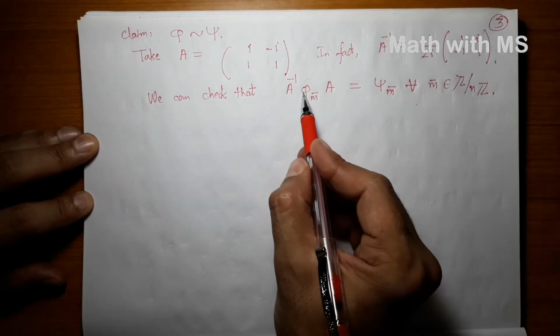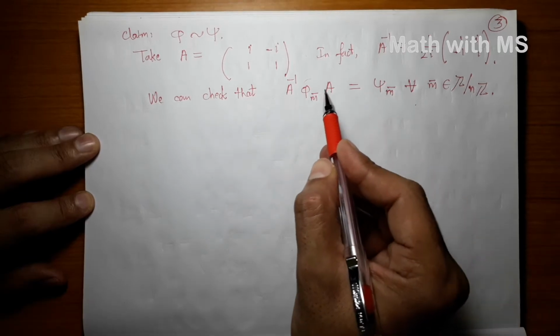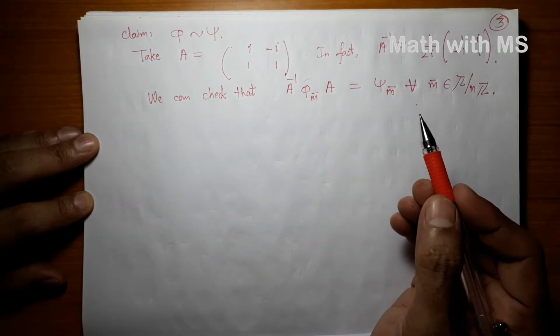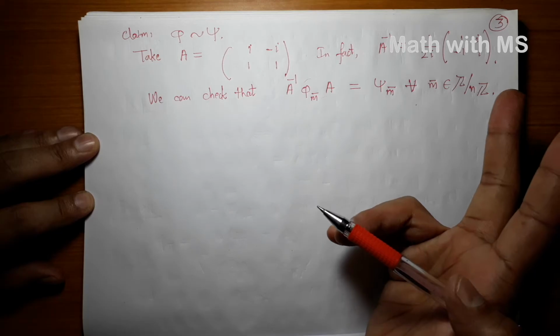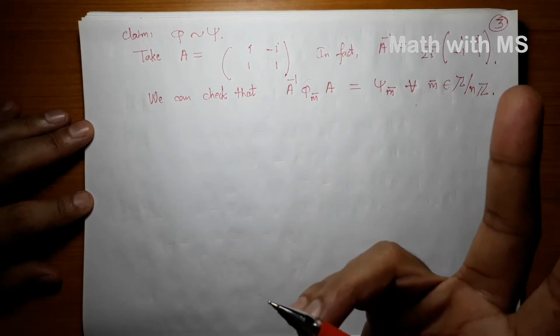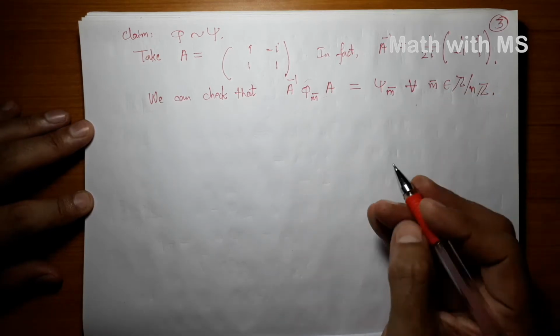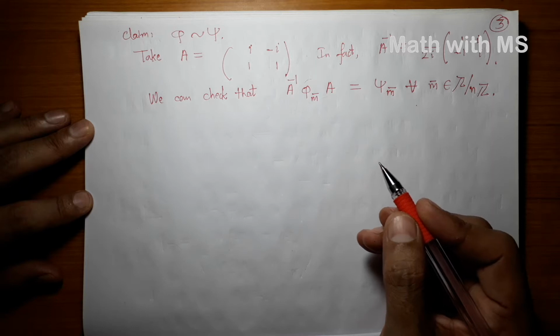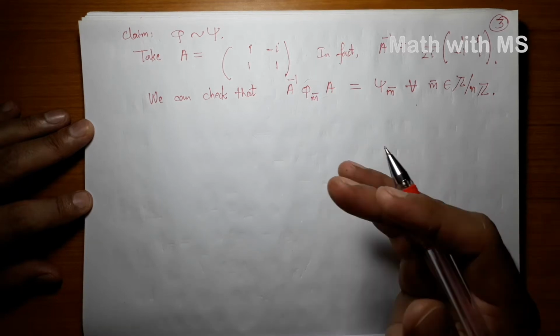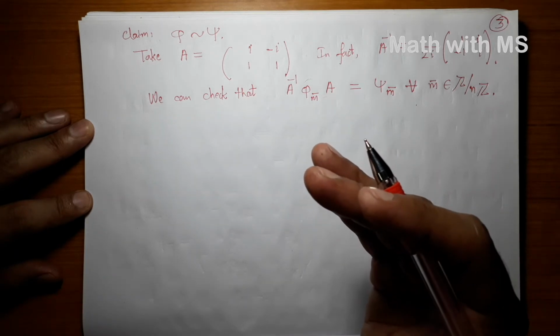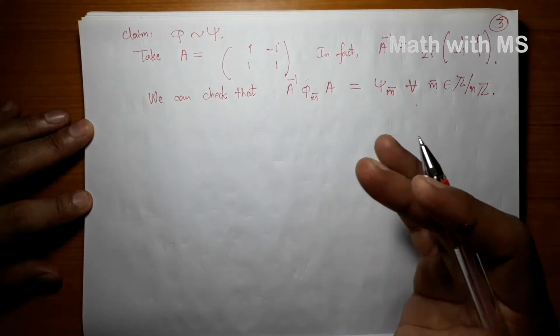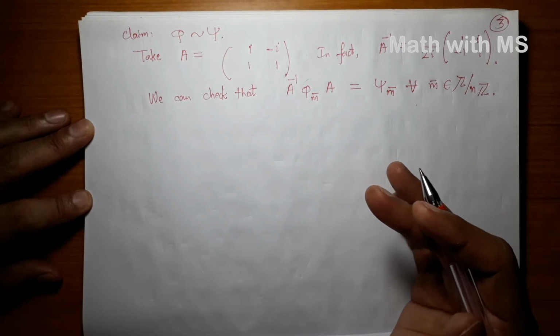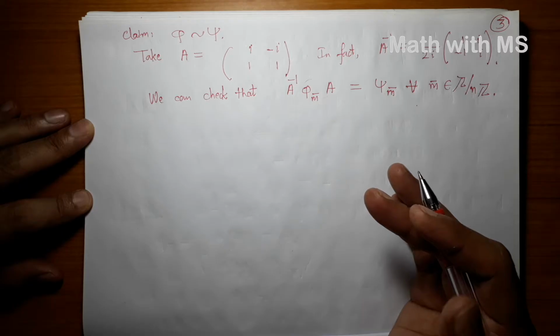Therefore phi and psi are equivalent degree 2 representations, which are not the same as maps, not the same as group homomorphisms. So when the degree of the representations is bigger than or equal to 2, it takes some effort to check whether two representations are equivalent.